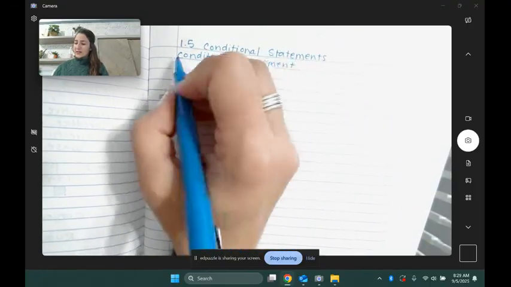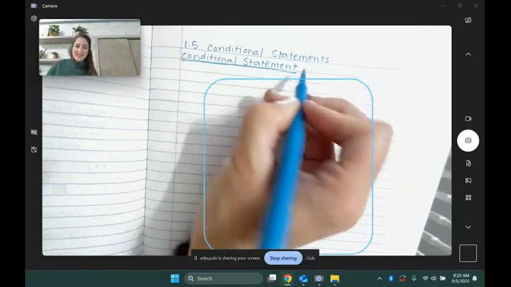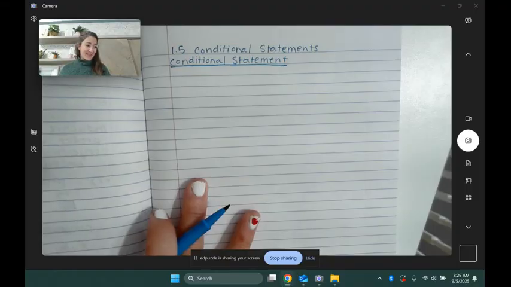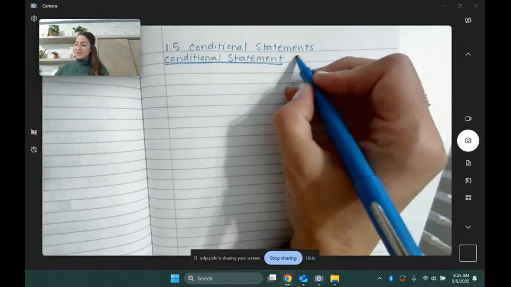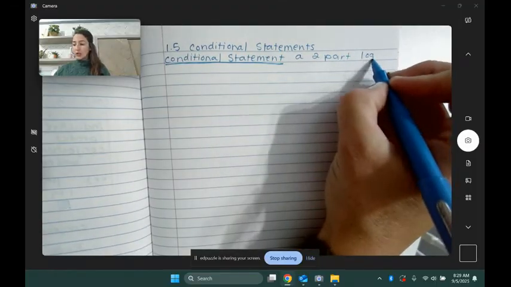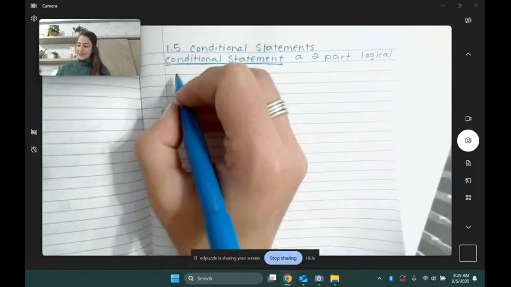All right. So a conditional statement, if-then. A conditional statement is a two-part logical sentence.